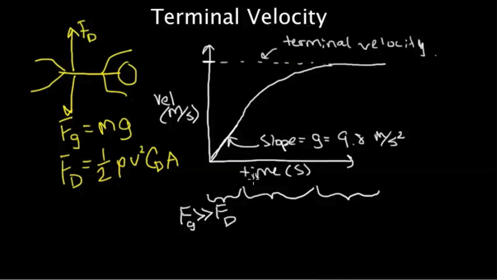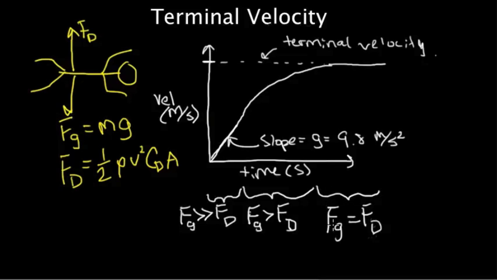In this next case, the force of gravity is still larger. If we look at his velocity, it's still increasing. So the force of gravity is still larger than the drag force, but it's probably on the same order of magnitude. And then once he actually reaches this terminal velocity, the force of gravity is equal to the drag force.